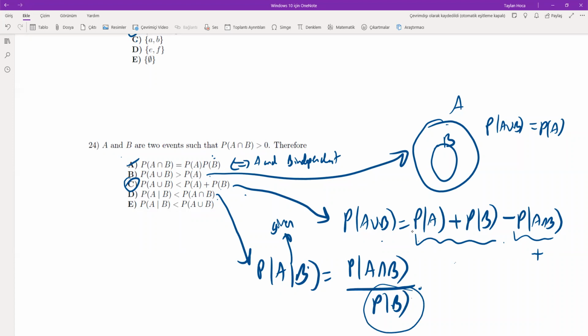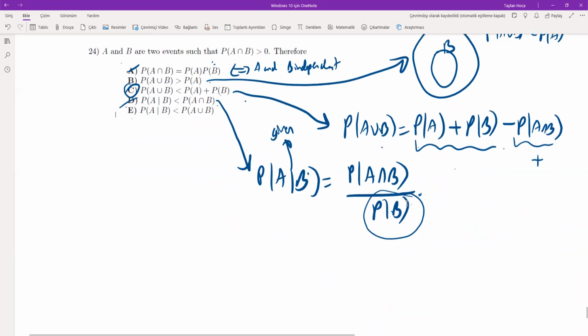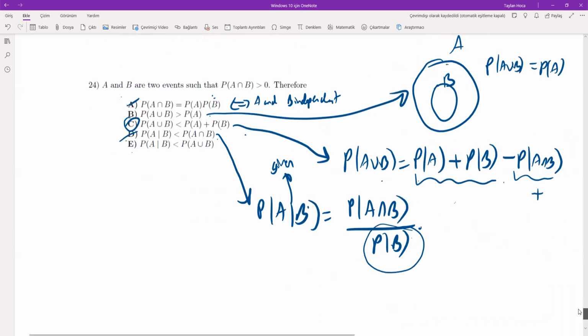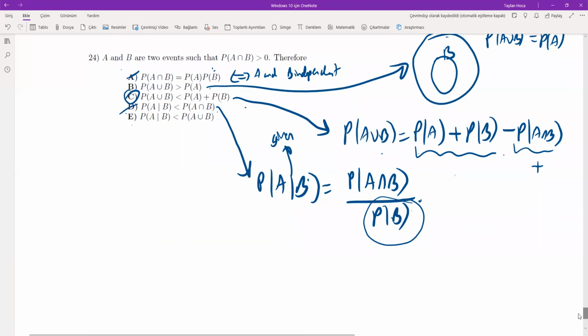So if I divide something by a number less than 1, it gets greater. So P of A given B is usually greater, of course. P of A given B less than P of A union B? I cannot say that for sure.